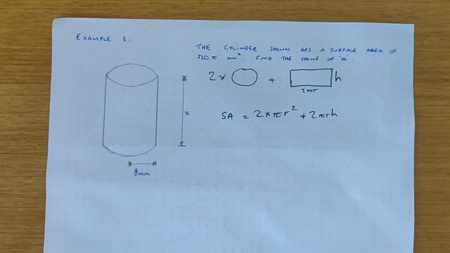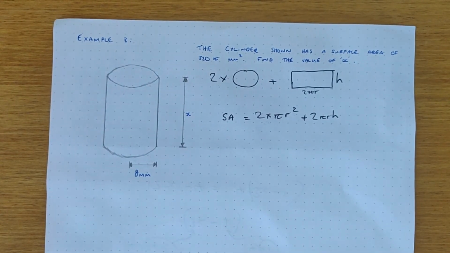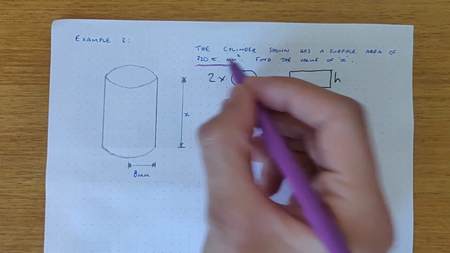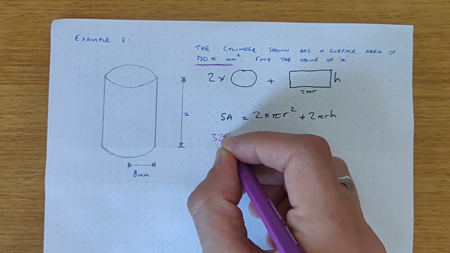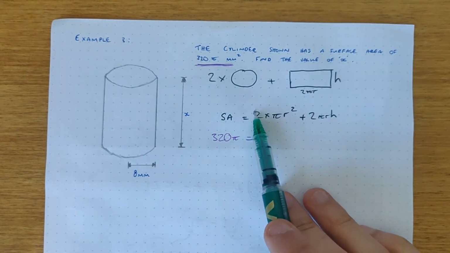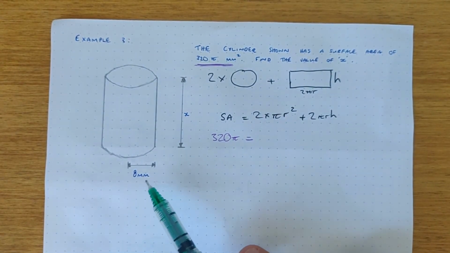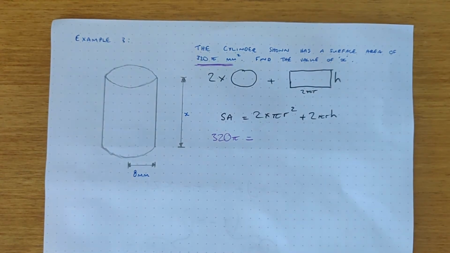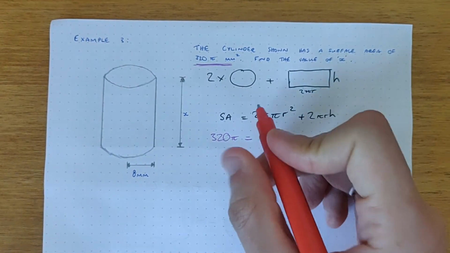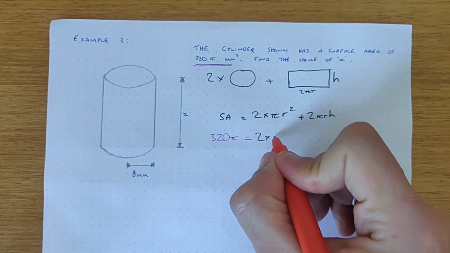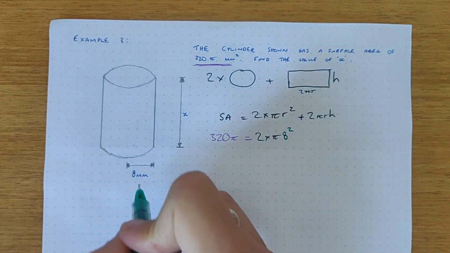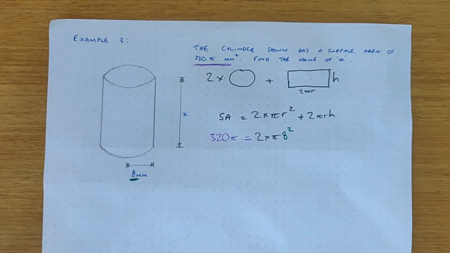So we're told the surface area is 320 millimeters. Okay, I'm told it's 320 pi, sorry, millimeters. So I'm going to write 320 pi here. I know that will equal 2 times pi times the radius squared. Now the radius here is 8 millimeters. So I'm going to write 2 times pi, and then I've got 8 squared, okay, and I'll underline that so you can see where that comes from.